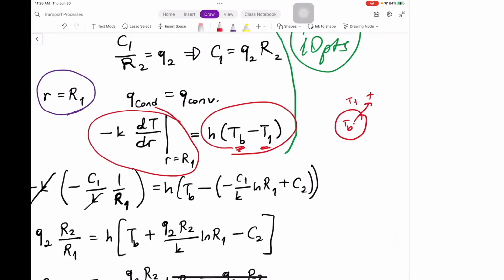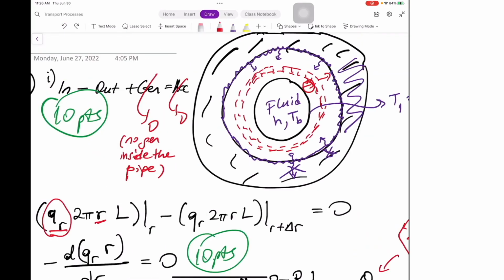If it's actually from here to here, that means TB must be large to get a heat transfer from here to here. Okay.